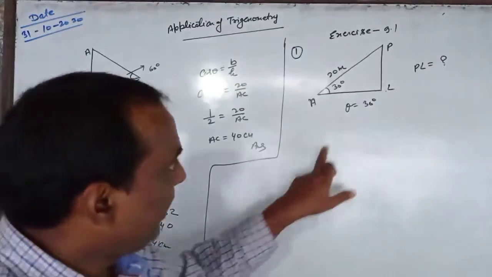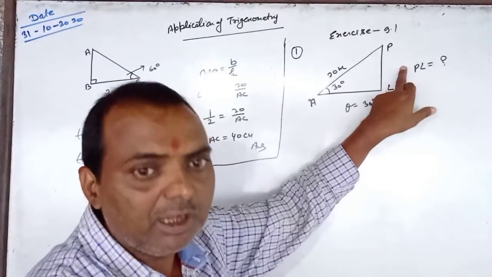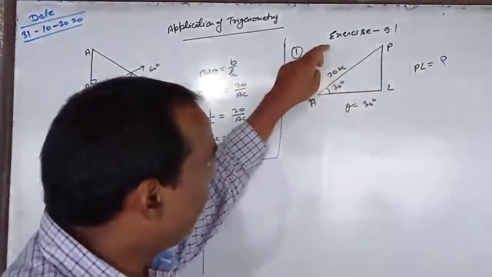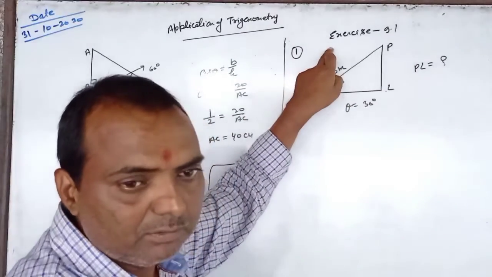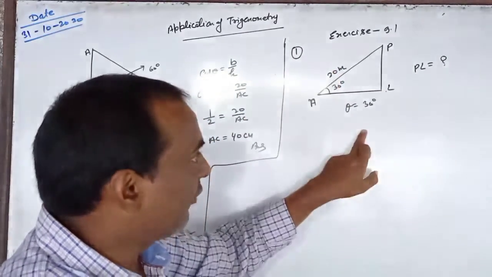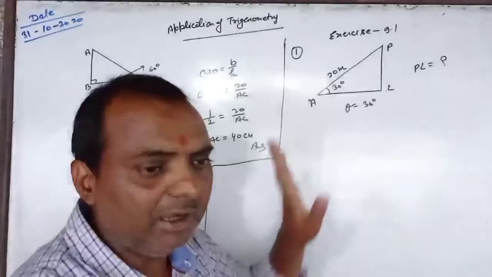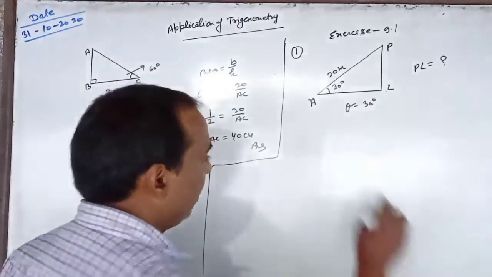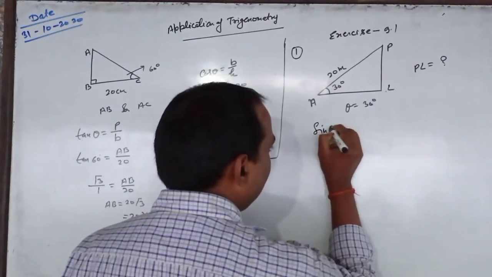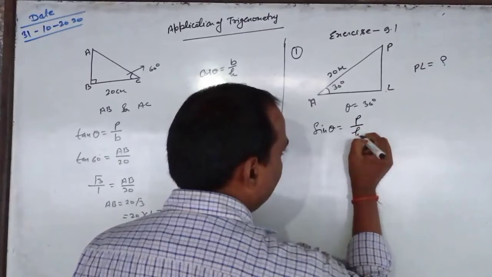Now here we have to find the height, it means the perpendicular, where the hypotenuse is given. So the relation between hypotenuse and perpendicular is sine. Here we should know that sine theta equals perpendicular by hypotenuse.